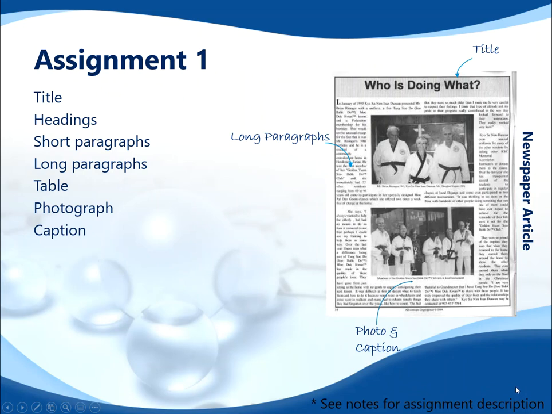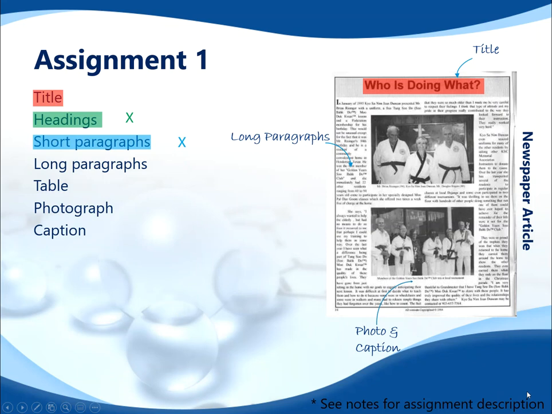All right, so let's have a look at a newspaper. A newspaper has a large headline, but it doesn't have the subtitles, it doesn't have headings for each section, none of that.